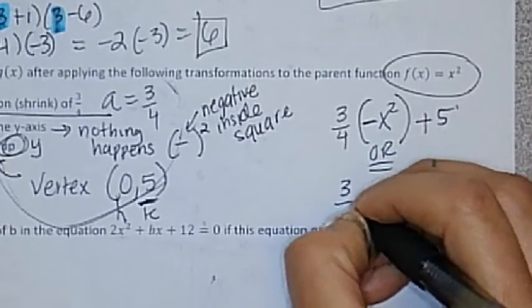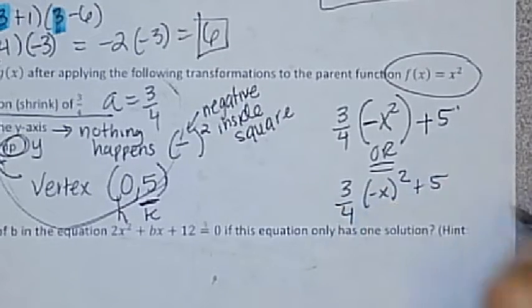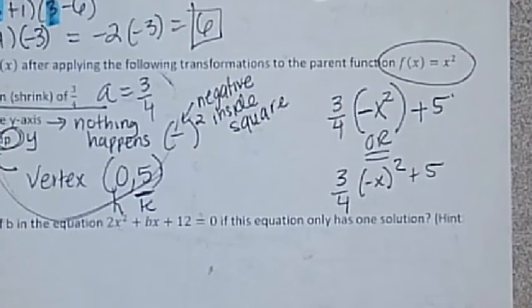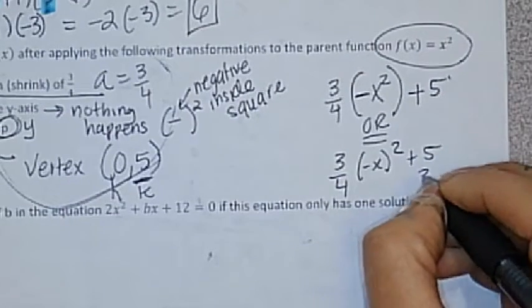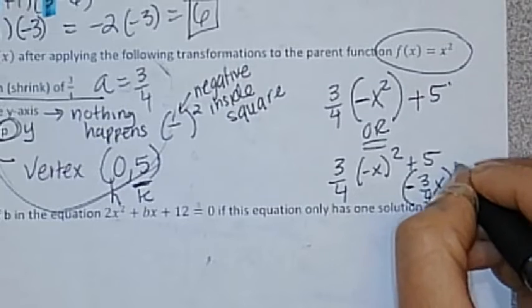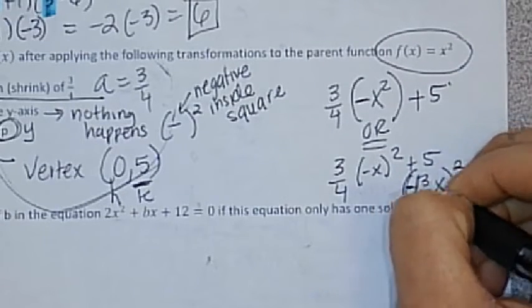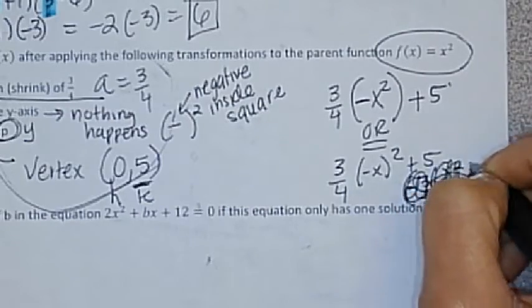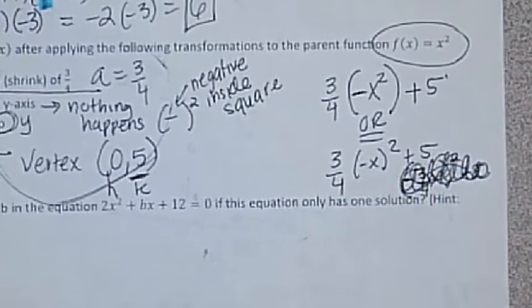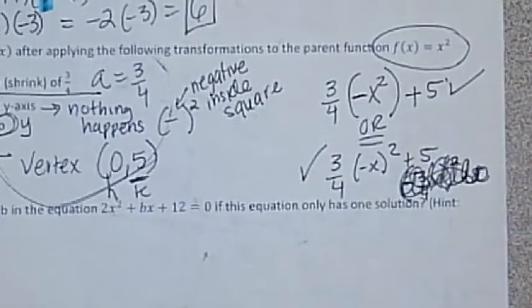Or you can also write it as, no, that's not true. I got it, sorry. Just those. Okay? So this one or this one.